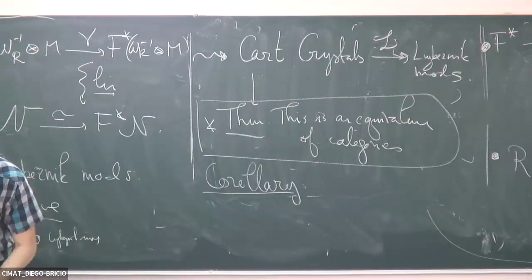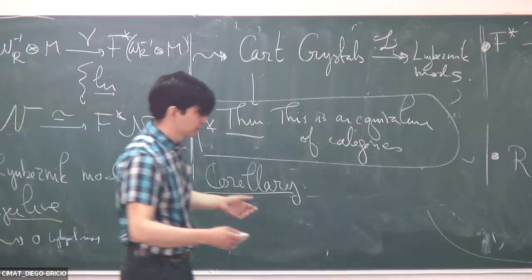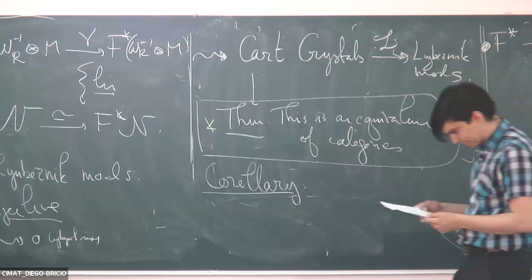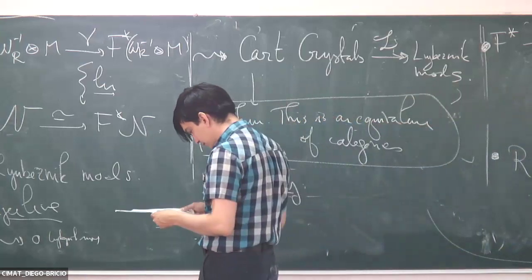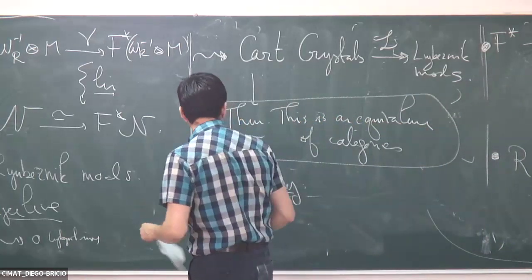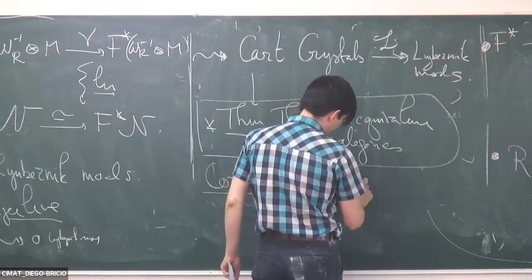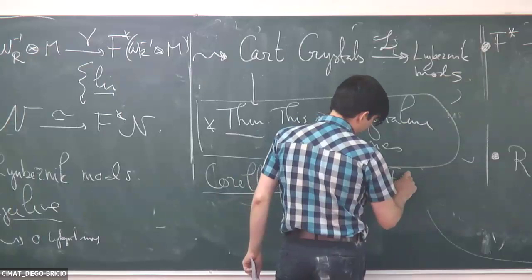So where is it? Over here. Corollary: if we have a regular ring, regular and finite.